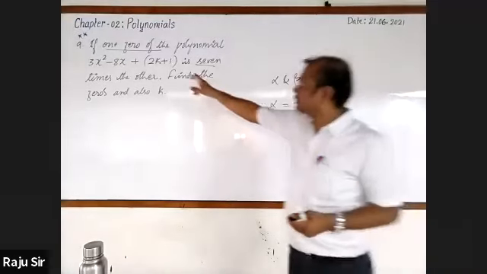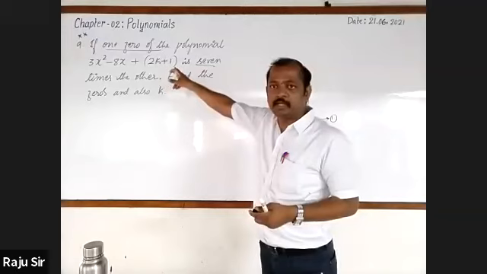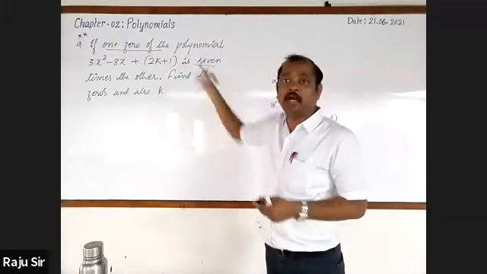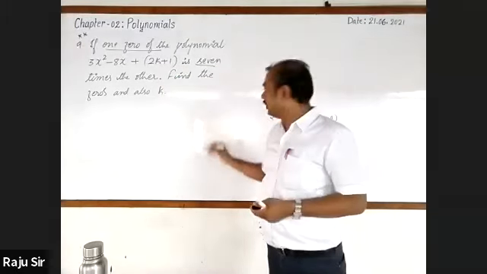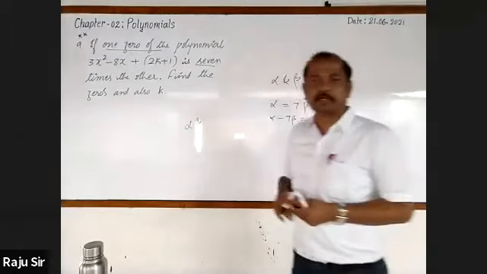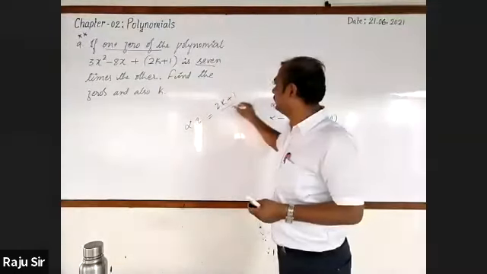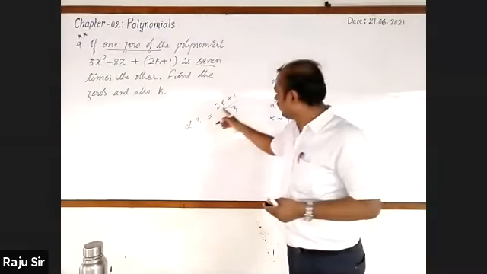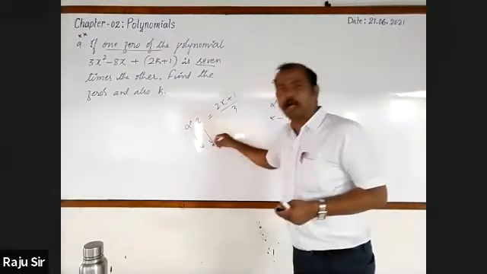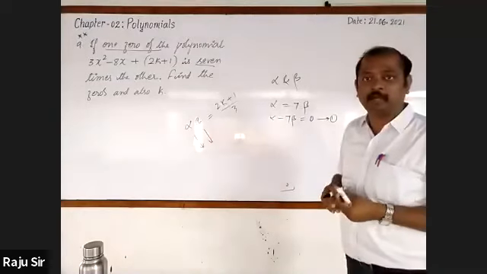If you want to find the value of k, k is in the place of the constant, hence you will go for the product of zeros: alpha into beta equal to 2k plus 1 by 3. To find k, you must know alpha as well as beta.